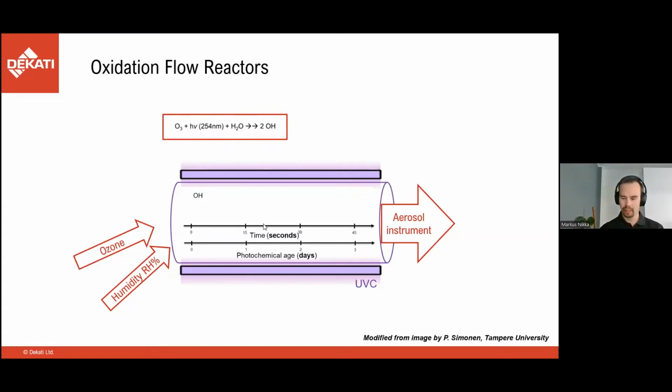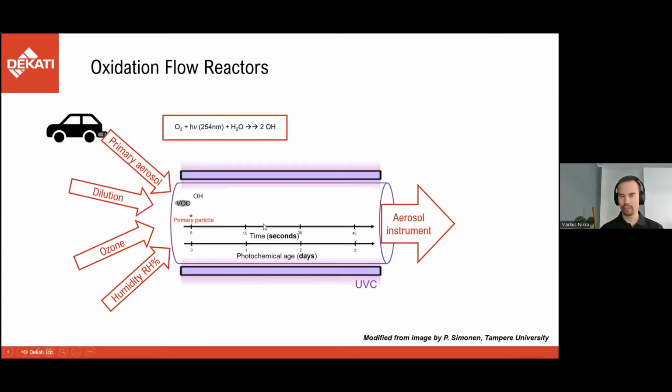So if we introduce the aerosol from the vehicle, in this case, we typically want to do a dilution to the primary exhaust aerosol to mimic the typical dilution of the exhaust aerosol to the atmosphere.